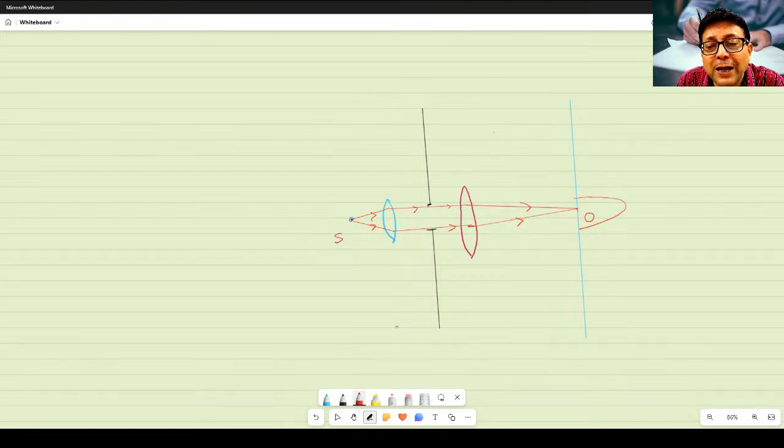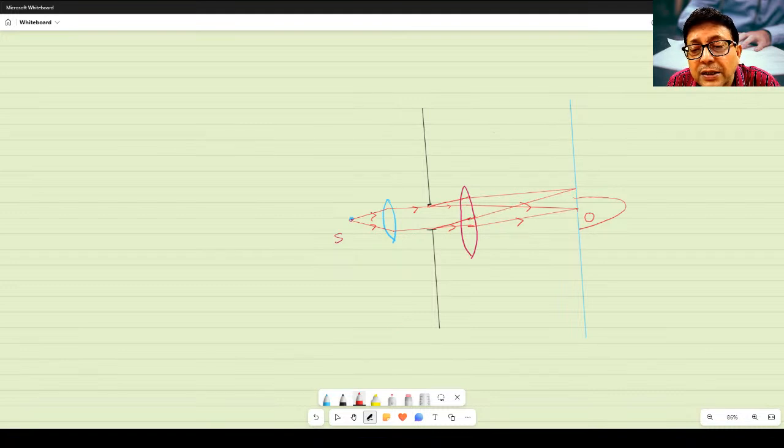Now if light passes through the sharp edge of an obstacle, it bends. So this light wave will be bending. This one also bending. And after passing through the lens, they are expected to meet at an arbitrary point P on the screen.